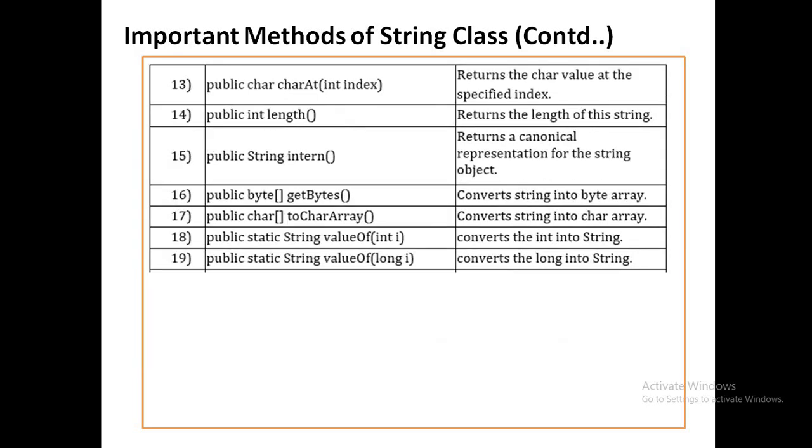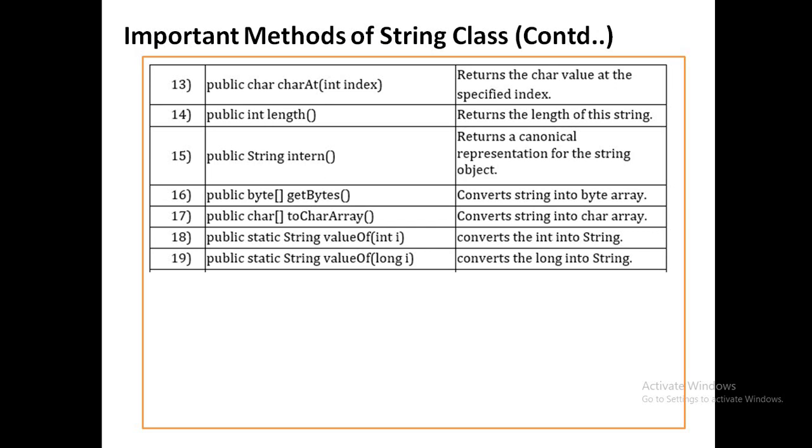Then charAt. In the bracket we have index, which is an integer value, and this returns the character value at that specified index. Int length returns the length of the given string.